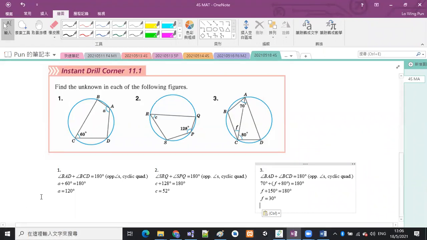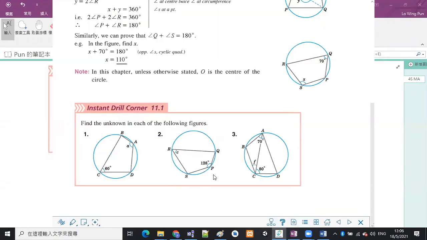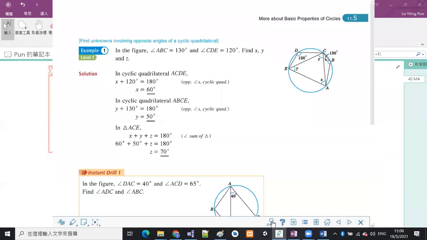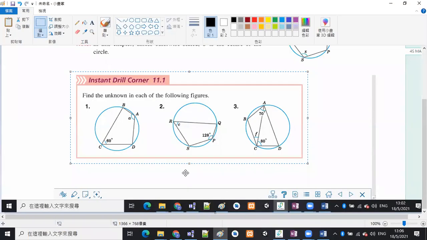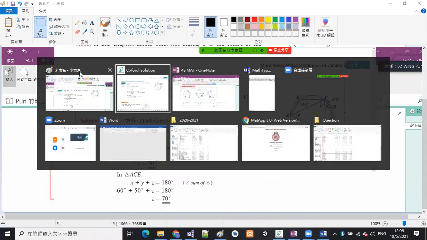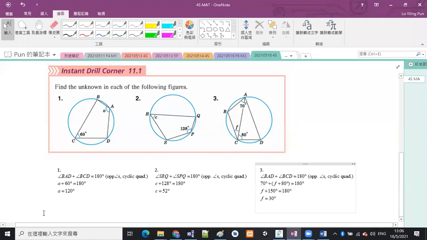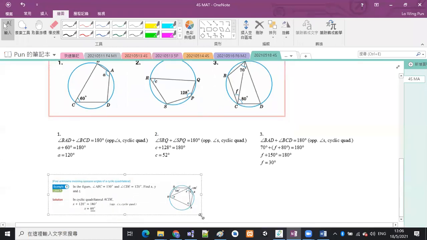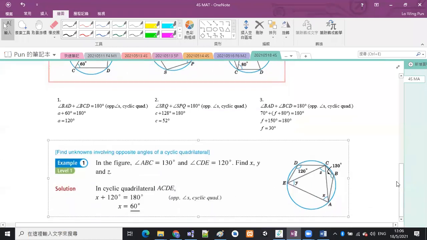OK，好，呢啲簡單嘅嘢啦，跟住我哋睇一啲書嘅 example，雖然佢覺得冇咁簡單，但我覺得你哋都會覺得好簡單嘅。Example one。In the figure, ABC is 130 degrees, and then CDE is 120 degrees.